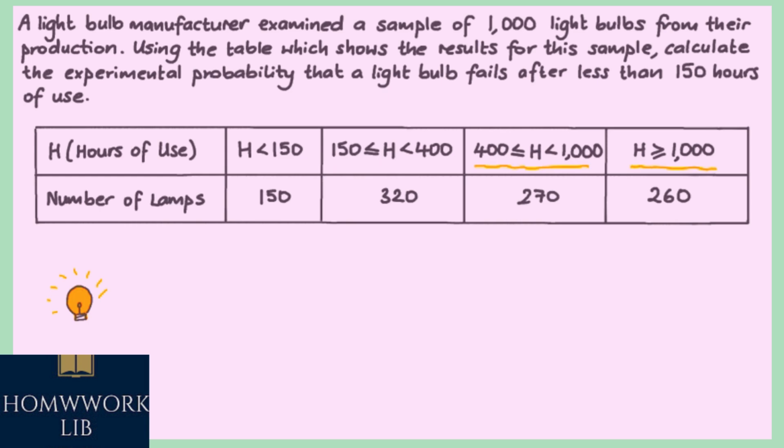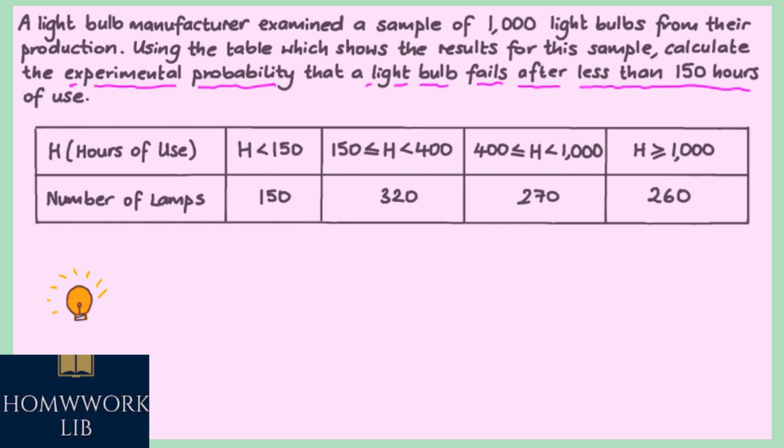The following two groups represent lifespans of 400 or more hours, but less than 1,000 hours, and the final group is the bulbs that last 1,000 hours or more. In context, a light bulb which has a longer lifespan would be considered better for a customer.